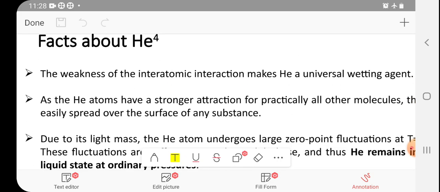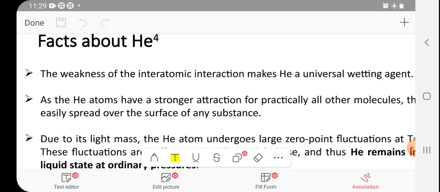Now let me discuss the facts about helium. In this slide, I will discuss some of the special properties of helium 4. The weakness of the interatomic interaction makes helium a universal wetting agent.